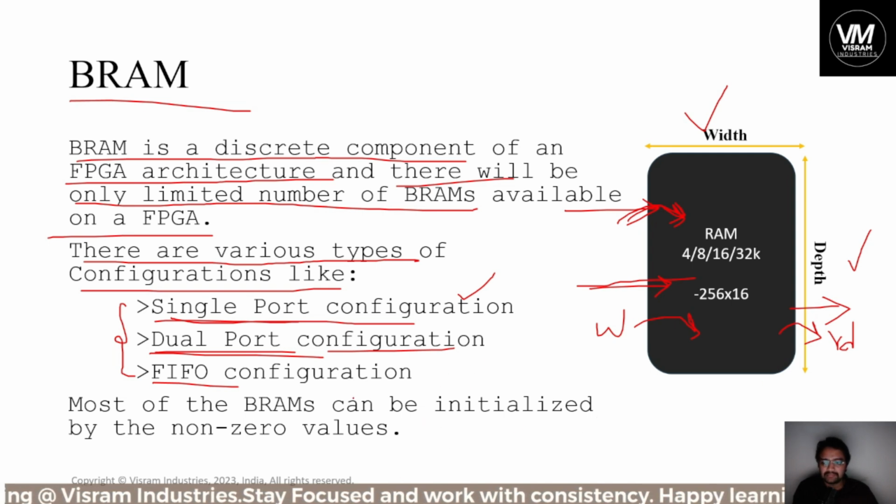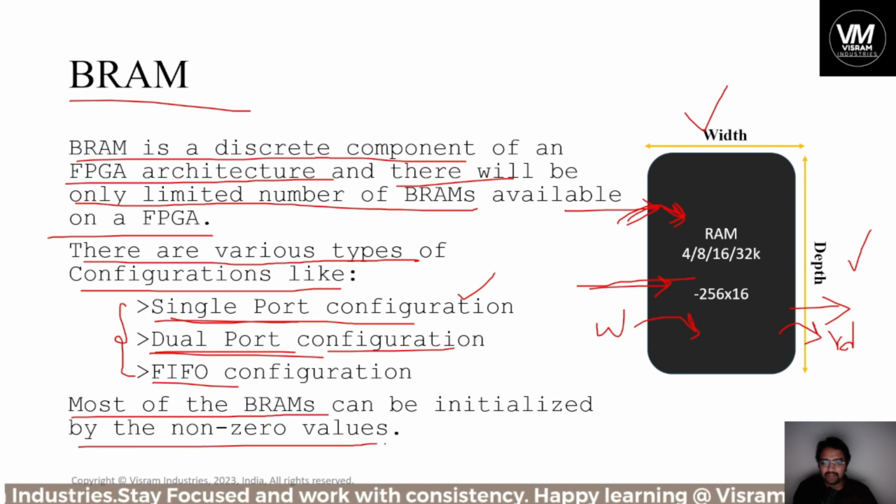Most BRAMs can be initialized with non-zero values. Usually in initialization we set clock as 0, reset as 0, write enable as 0, read enable as 0, and all these inputs will be 0. But these BRAMs can start at any point of the clock period, at any point of the input port. That is what initialization with non-zero values means in Verilog HDL while you are developing the architecture.